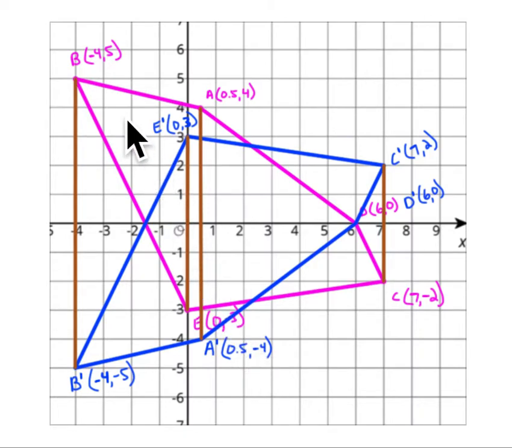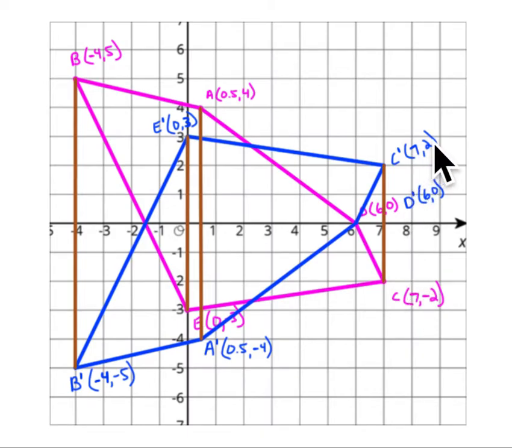So a way to say this is that the coordinates for the reflected point remain in the same order, but the y value becomes the opposite value. So it's negative 4. It's the same order. X value is the same. Y value is negative. Negative 4, negative 5.